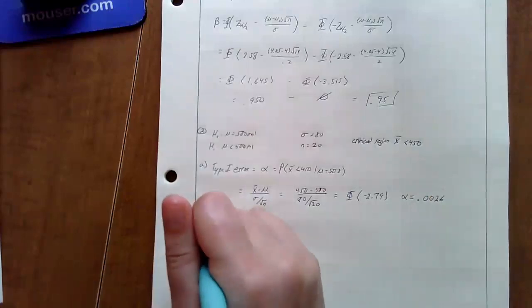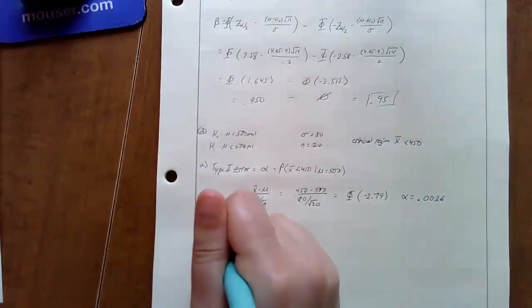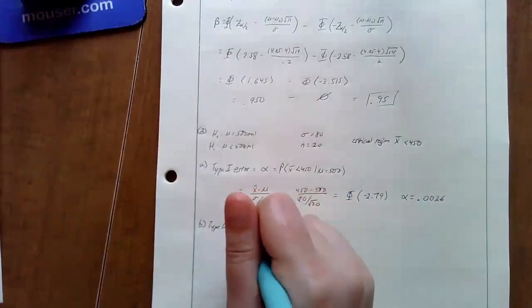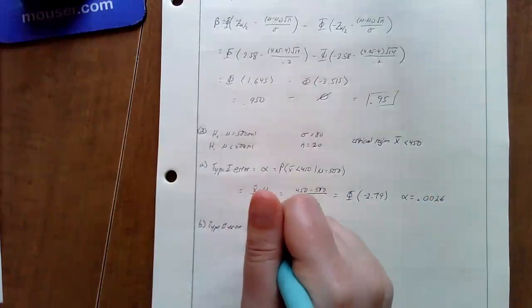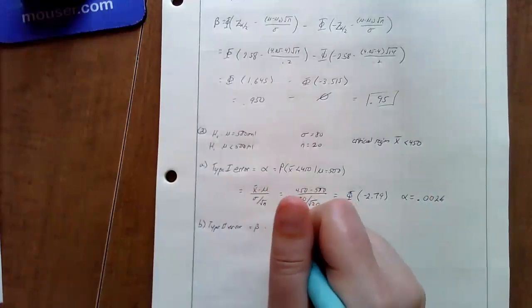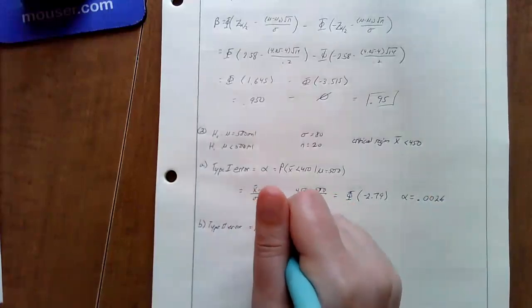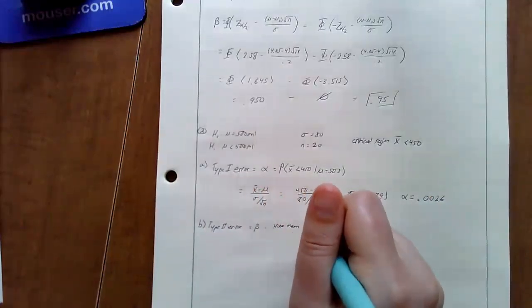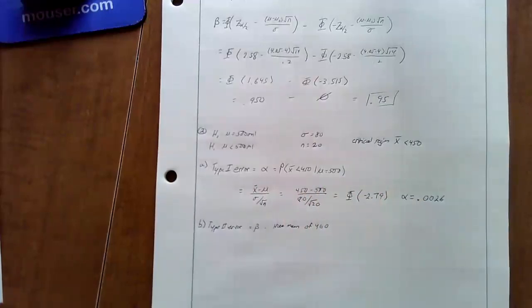Then the next one is asking for the type 2 error, beta, comparing for a true mean of 460 milliliters. So now we're looking at the probability of accepting that sample mean when the true mean is actually 460 milliliters.